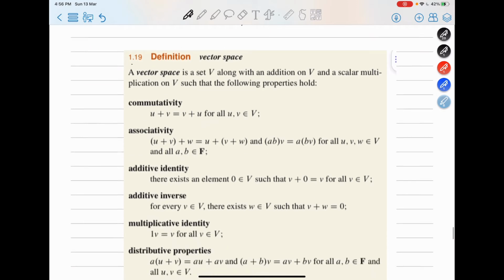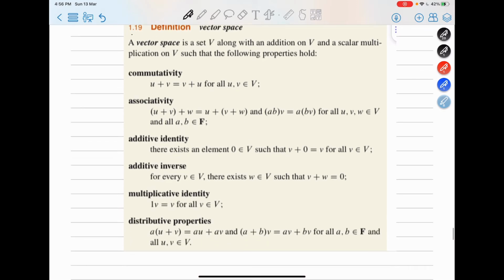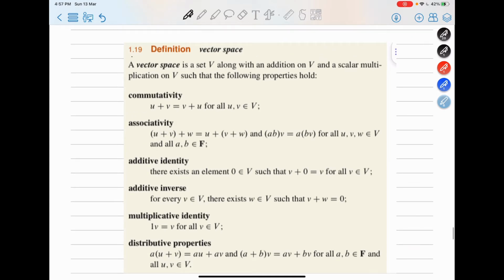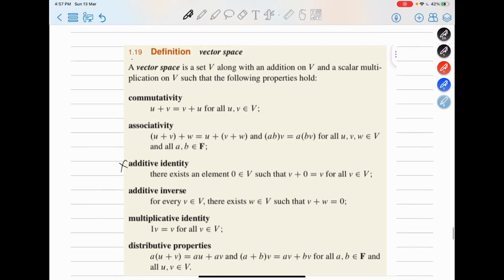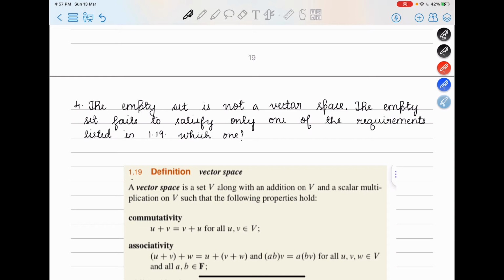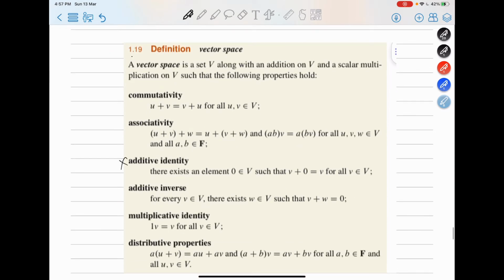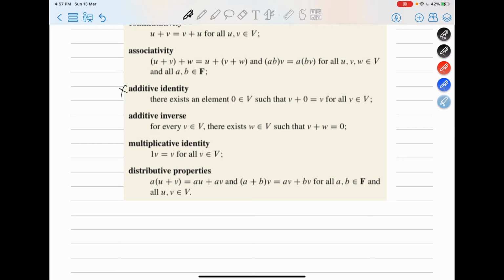So here, additive identity, if this exists, then 0 will belong to the set, which means the set can't be empty. So additive identity is not satisfied in an empty set. And if you don't have additive identity, you can't really talk about additive inverse.